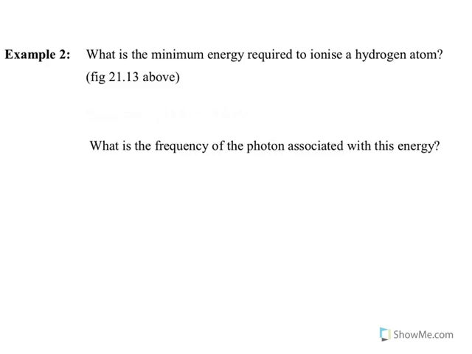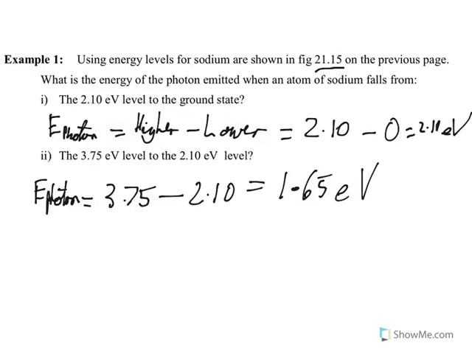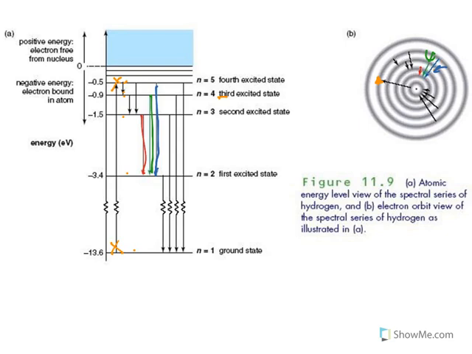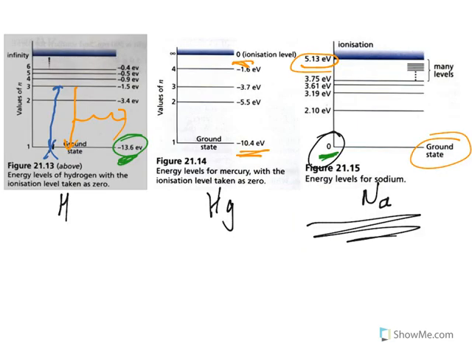Okay, what is the minimum energy required to ionise a hydrogen atom, figure 21.13 or above? It's above in your notes, but it's back a couple of pages. Here we go, wrong, another page, there we go, here it is. 21.13, to ionise. So the ionisation level, when we've removed that electron, is up here, and that would be at 0 eV.